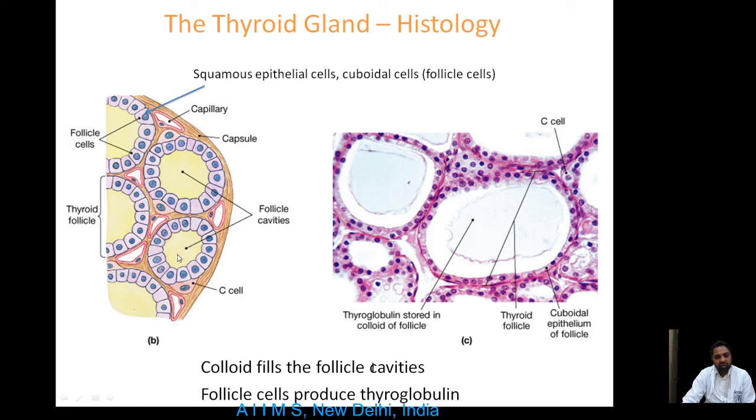This is called the follicular cavity. It is the colloid, where in this area the T3 and T4 is stored. Okay, so how does it look in the picture? You can see thyroglobulin stored in the colloid of follicles, and the thyroid and cuboidal cells, how it looks in the picture.